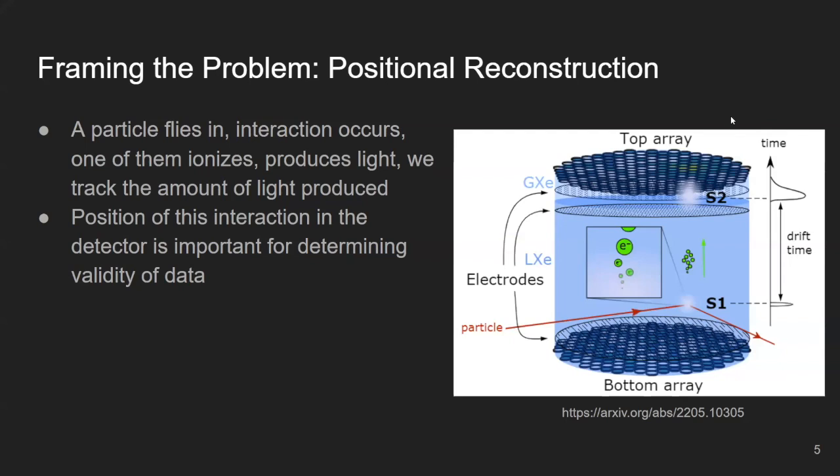And we need to know this because if the interaction occurs close to the walls of the tank, decay from the metal that makes up the sides of the tank could react with the xenon and create invalid data. And we want to make sure we know that that's not happening.